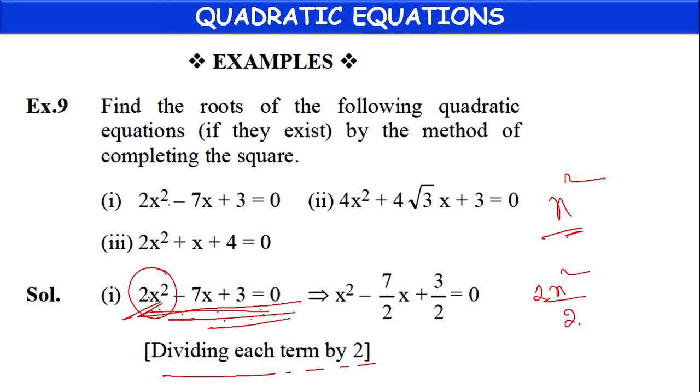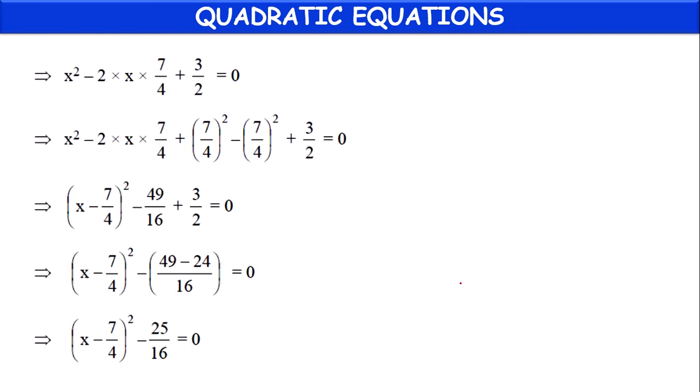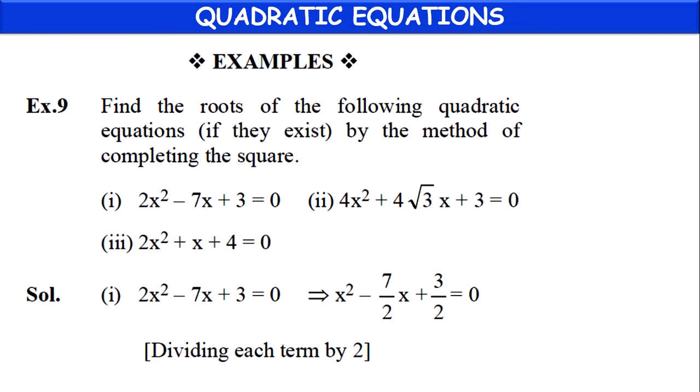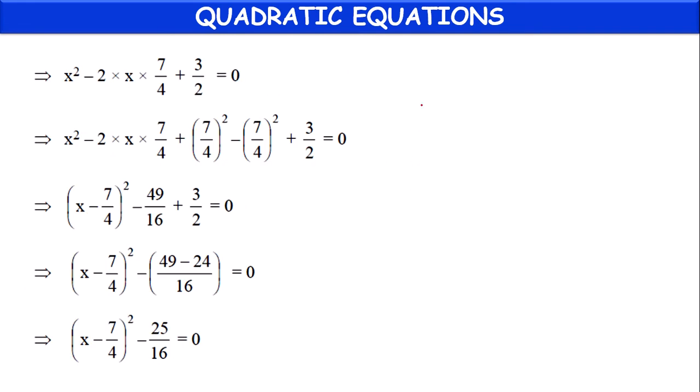So 2x square by 2 will become x square, minus 7 by 2 x plus 3 by 2 equal to 0 by 2, which is nothing but 0. Now we have got x square minus 7 by 2 x plus 3 by 2 equal to 0.